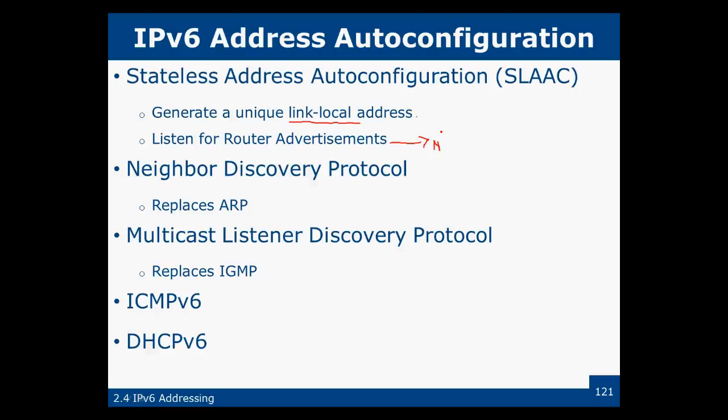Once we know the network, we can use the link local address and the network address, and I think there's an exercise to do that in the lab. We can give ourselves an IPv6 address that would be able to get off of our local network.